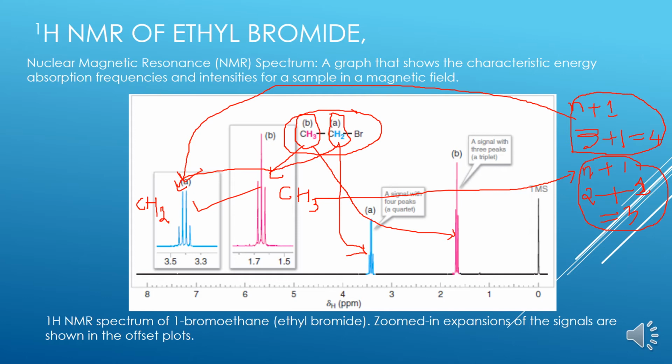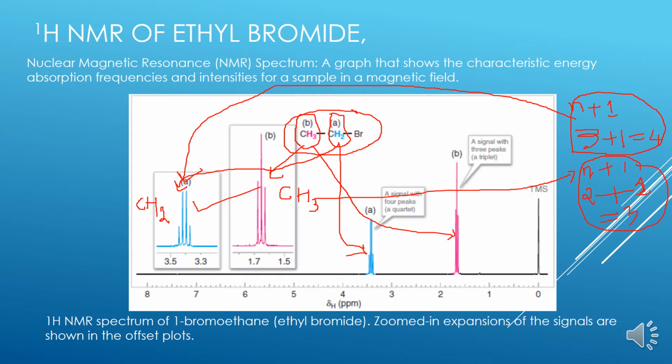The NMR spectrum of bromoethane zoomed in, the explanation of the signals are shown in offset plots. In this inset, another picture I have given, that is the zoomed form. This will be the offset plot of this one.